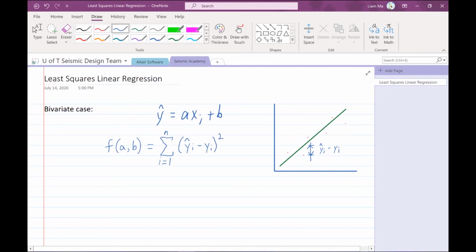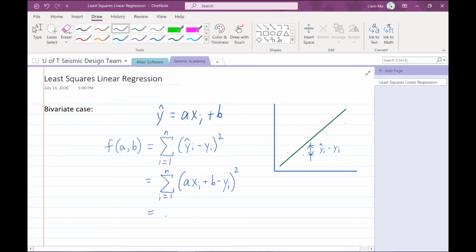So this is summation notation. If you were to expand all of this out, you would get a sum of many different terms. And let's go ahead and substitute our expression for y hat here. So if we do that, we're going to get a times x sub i plus b minus y sub i all squared. We can fully expand all of this, but actually I'll just do that right now.